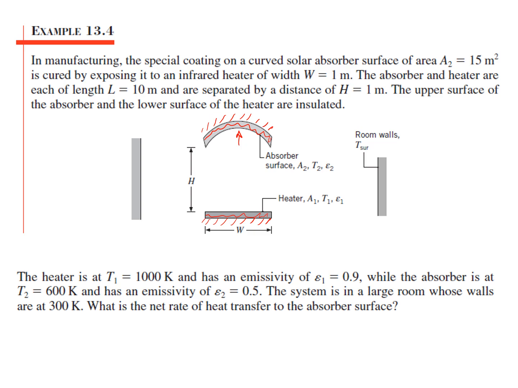All the surroundings on the left side, the right side, all the surroundings are sitting at 300 kelvins, and because the surroundings are large areas, I'm going to treat them like a black body. In other words, any radiation lost from the heater to the surroundings through the opening here and here is going to leave this space and not come back.